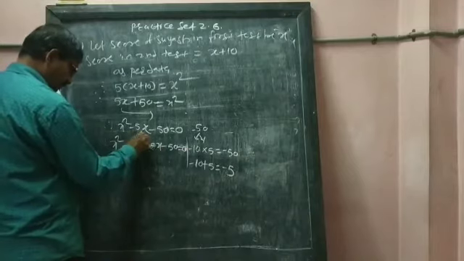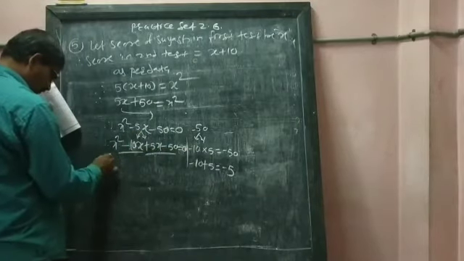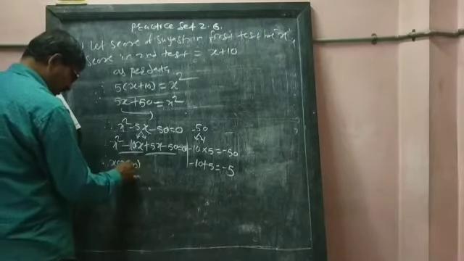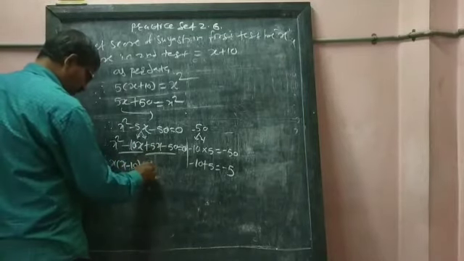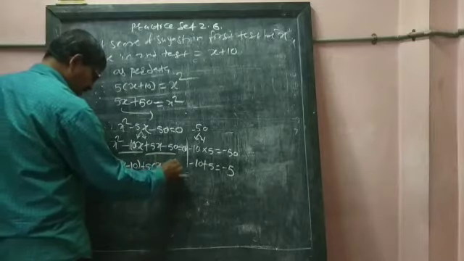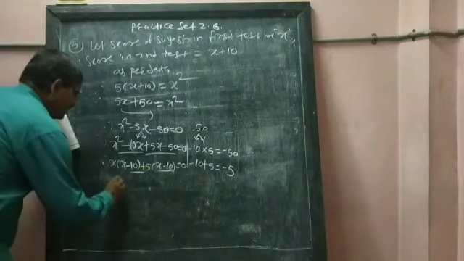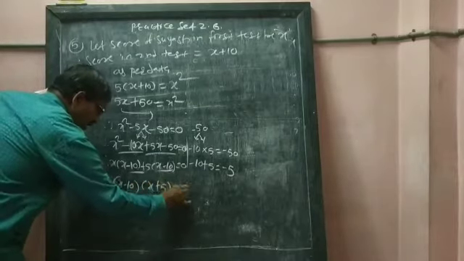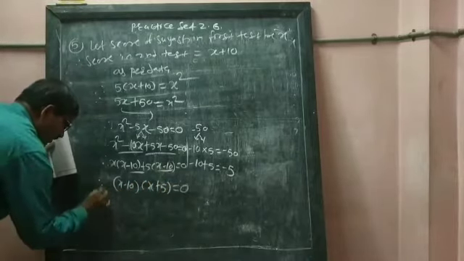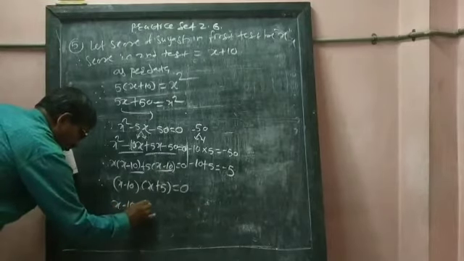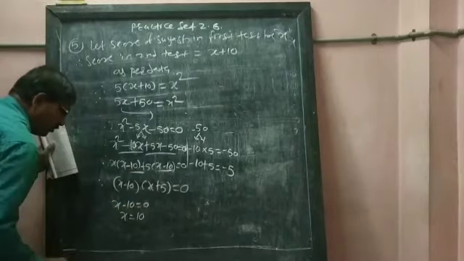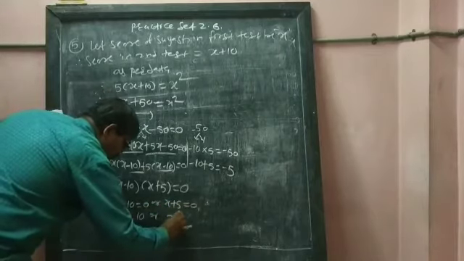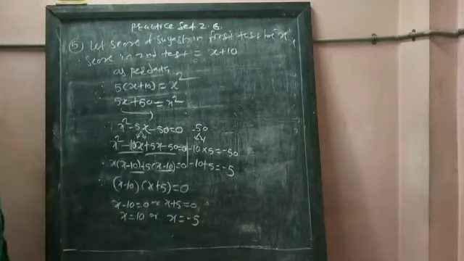Now x is common, x minus 10 plus 5 is common. x minus 10 and x plus 5 is equal to 0. Thus x minus 10 is equal to 0, therefore x is equal to 10, or x plus 5 is equal to 0, therefore x is equal to minus 5.